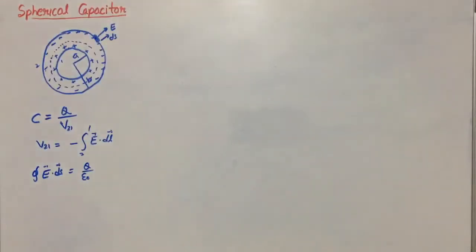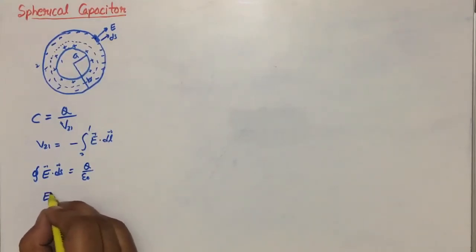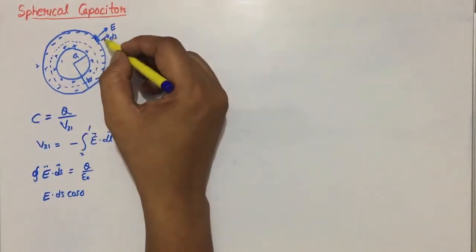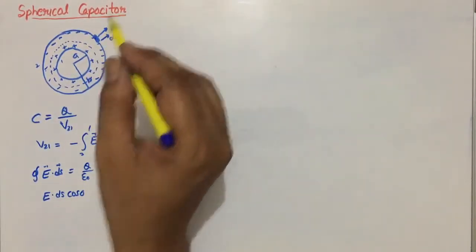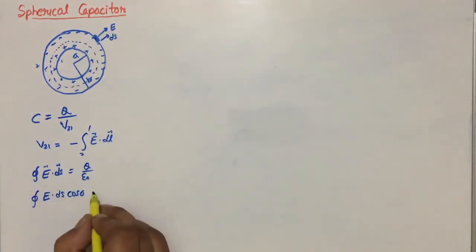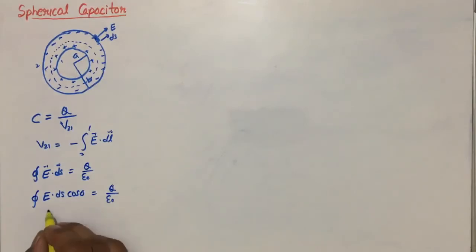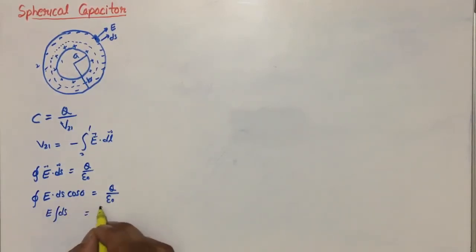So in that case it will be E dot ds cos 0, that is the angle between E and ds, for the closed surface, equal to the charge by epsilon naught. So E ds is equal to charge by epsilon naught.